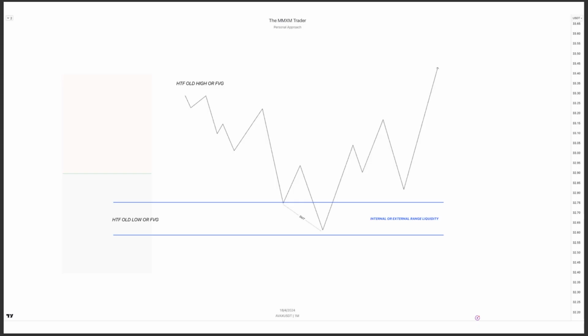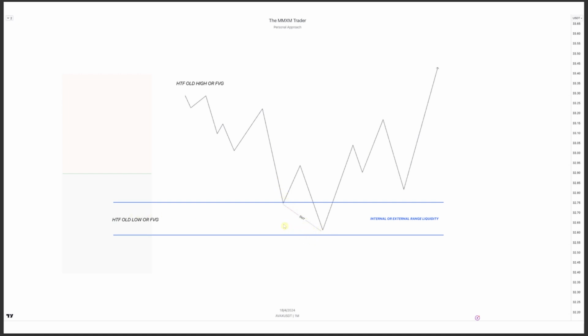Now over here we've got a crude depiction of a chart. We've got the line chart over here. What is important? Firstly, we talk about the premium and discount of the range. We've got a higher time frame old high or fair value gap here and a higher time frame old low or fair value gap there. Now we wait for price to come back into discount if we want to be a buyer.